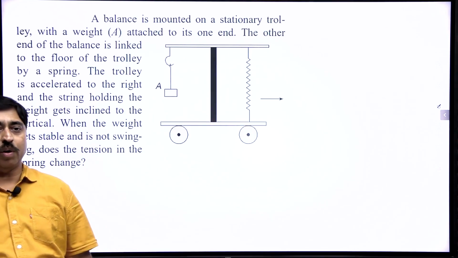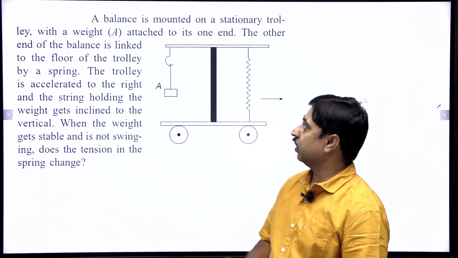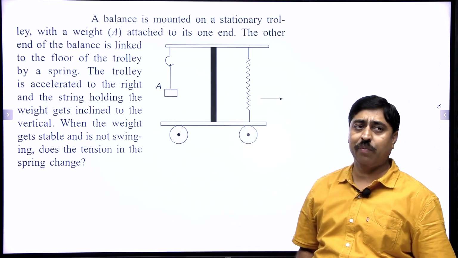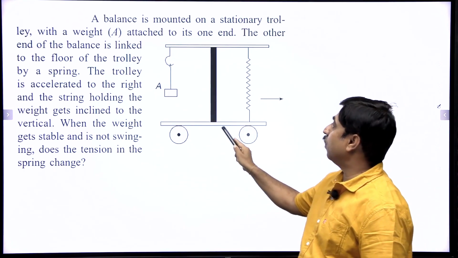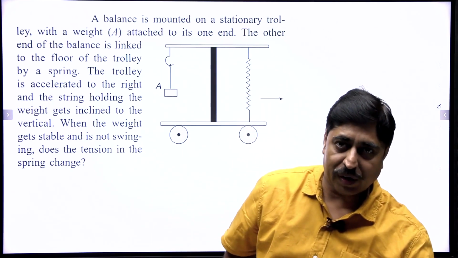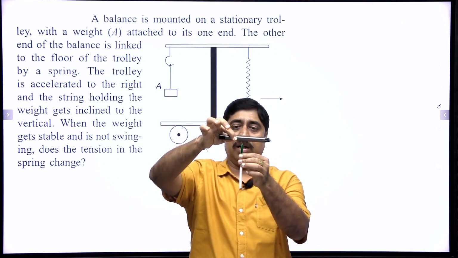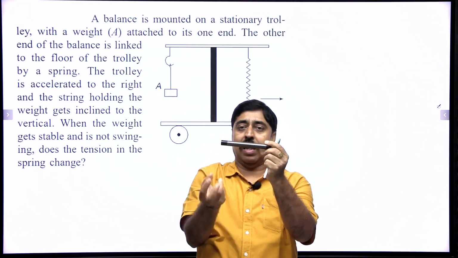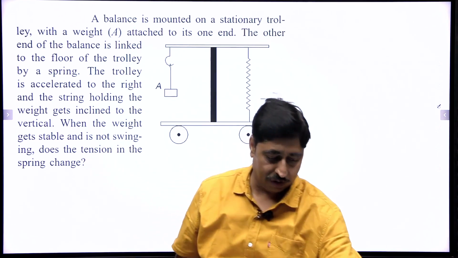Let us move on to the next question. This particular question says, a balance is mounted on a stationary trolley with weight A attached to its one end. This is a balance, a physical balance, like the one vegetable sellers have. This is the pivot point and this is the horizontal rod of the balance. Here a pan is attached, and here a pan is attached. This is what you see with any vegetable seller, right?